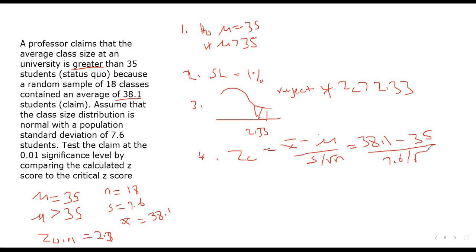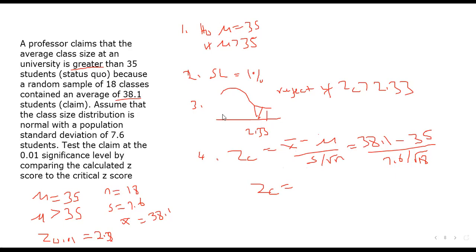Square root of n. N is 18. So what becomes our Z calculated? What is our Z calculated? 1.73.